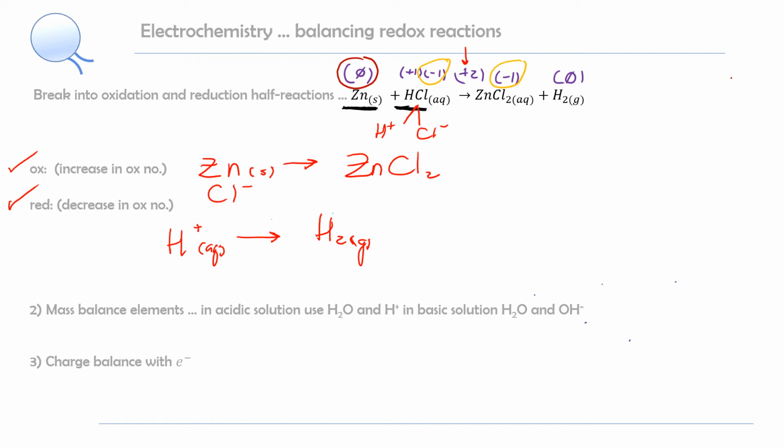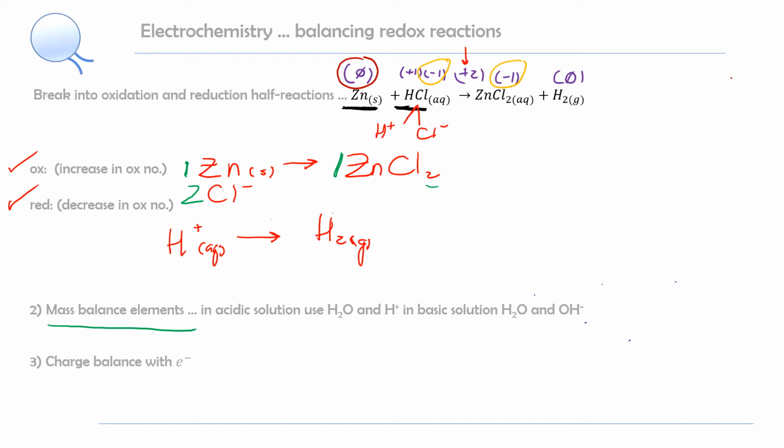Now we simply mass balance the elements. Okay, so up here in the oxidation half reaction, I have 1 zinc giving 1 zinc chloride. In the zinc chloride, there's 2 chlorine, so you need 2 chlorine over here. Okay, so I am now mass balanced in my oxidation half reaction.